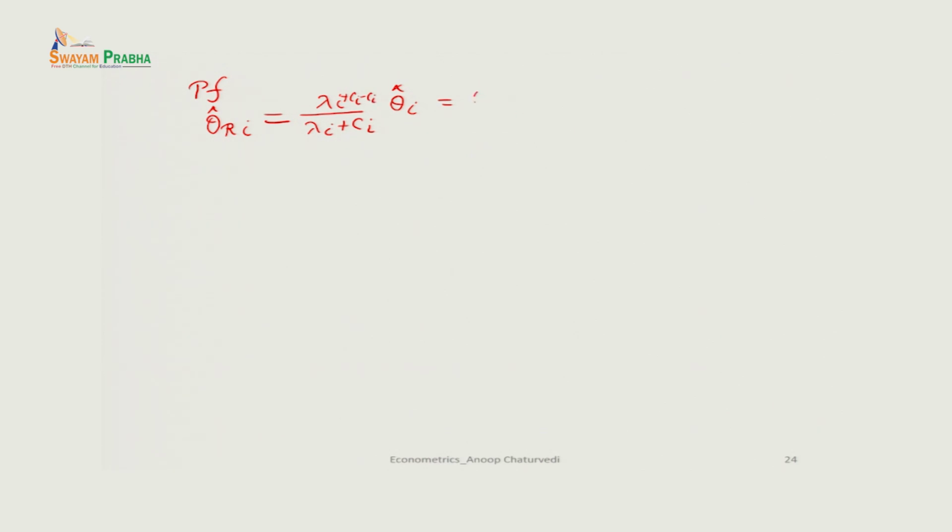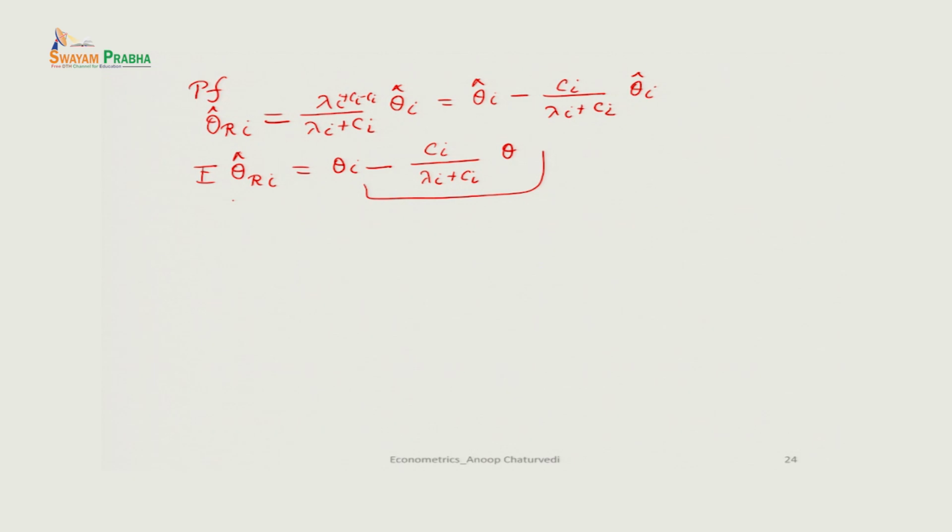So, we obtain theta i hat minus C i upon lambda i plus C i theta i hat. So, expectation of theta hat r i is equal to theta i minus C i upon lambda i plus C i theta i, since expectation of theta i hat is equal to theta i. So, this term gives you the bias of the ridge regression estimator theta hat r i.